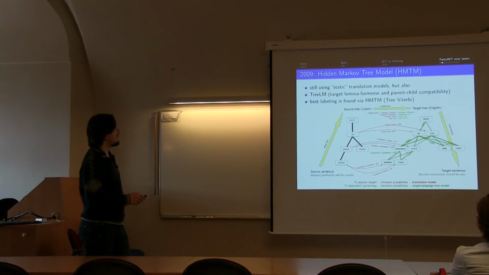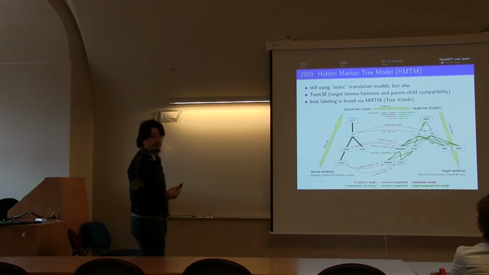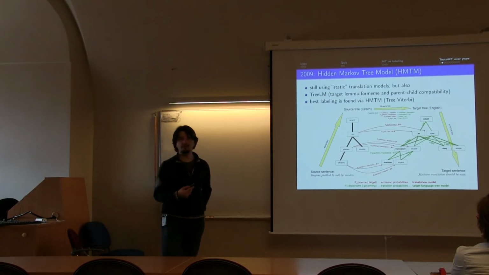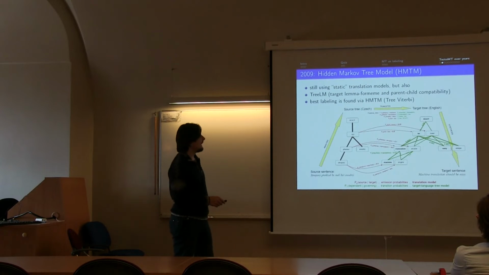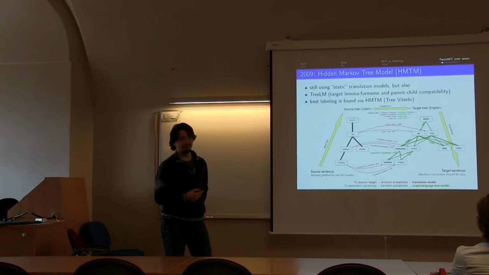So what it does, I call it tree language model, although it's not an N-gram language model. So it doesn't predict the probability of a sentence. It predicts only these probabilities in the tree. And it first checks that the lemma and formeme are compatible.